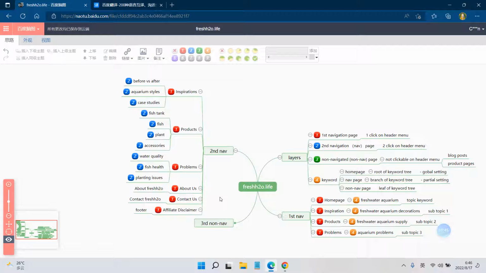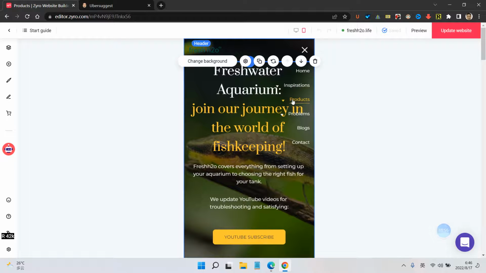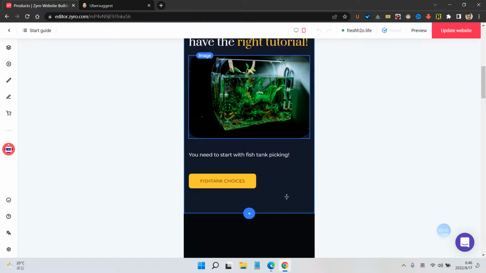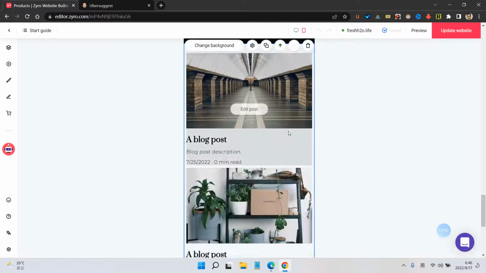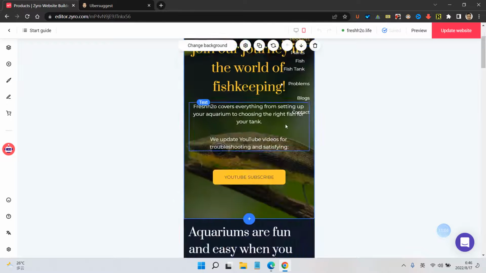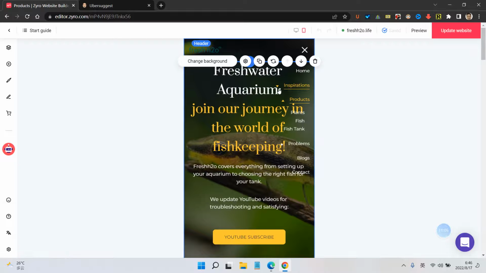But I think the most important will be the header menu, right? Because when you see this website, you don't go to the bottom part here, for the clicking and checking thing.